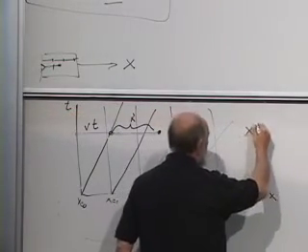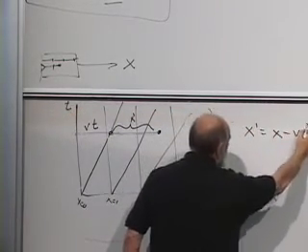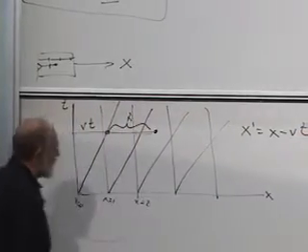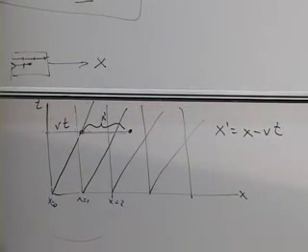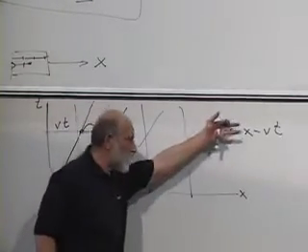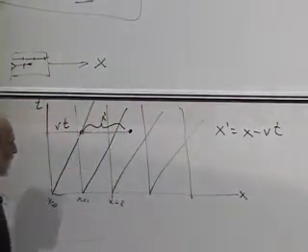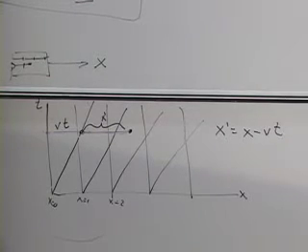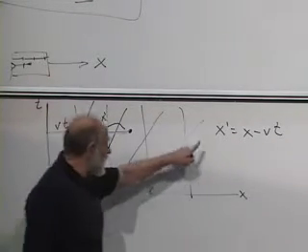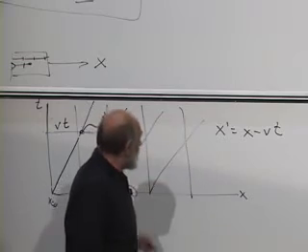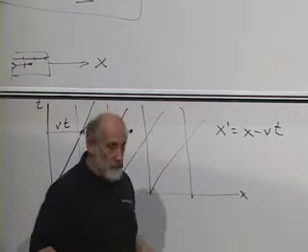X prime is equal to x minus vt. That's the relationship between the primed coordinate and the unprimed coordinate. And this you better get used to, this idea of relating frames of reference like this. That's the relationship between the moving frame and the stationary frame.